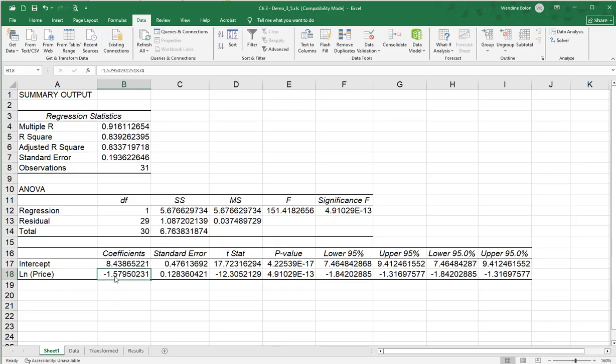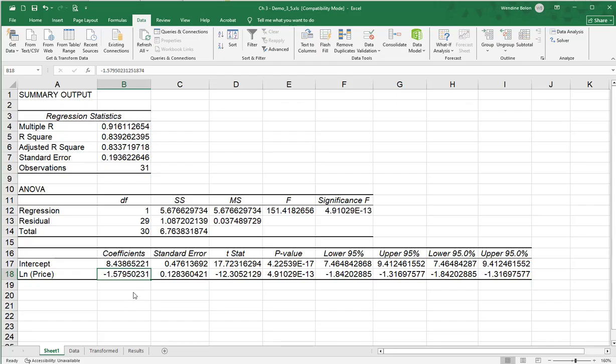And the other piece that we want to think about here, this coefficient on our natural log of price. This is no longer just the slope. Because I've taken the log of the y variable and the log of the x variable, and this happens to be a logarithmic looking demand curve, this happens to be our elasticity for this curve.